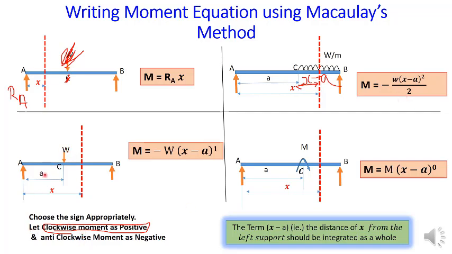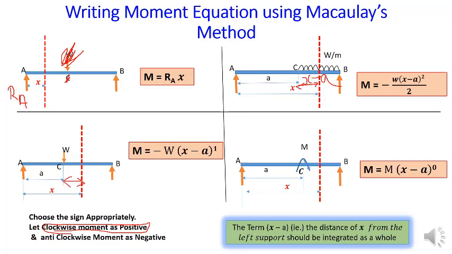Now, if we have a point load, M equal to, again, this point load is an anti-clockwise moment. So, use minus sign here. When you have a point load, here also you have the distance.